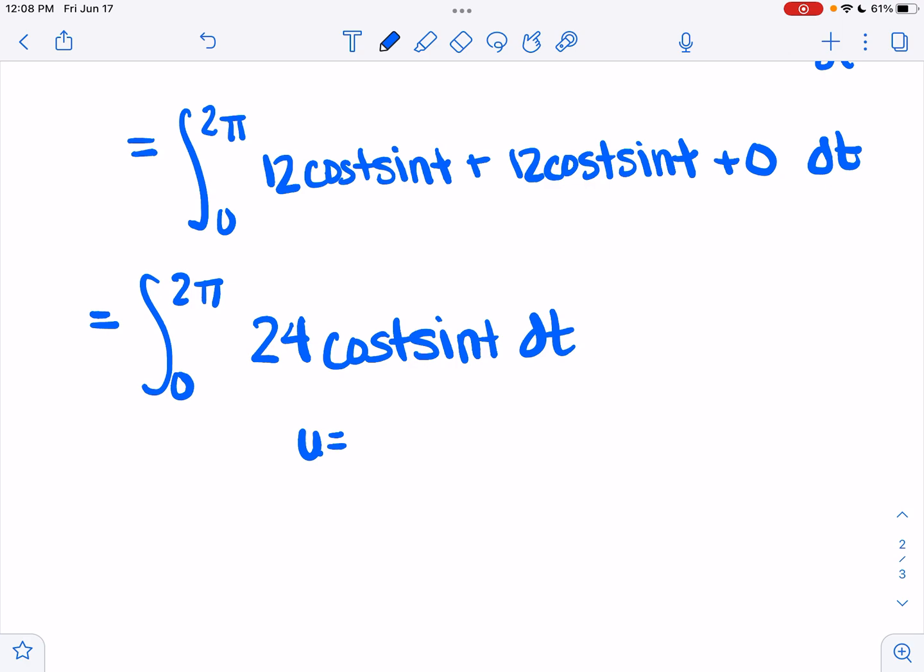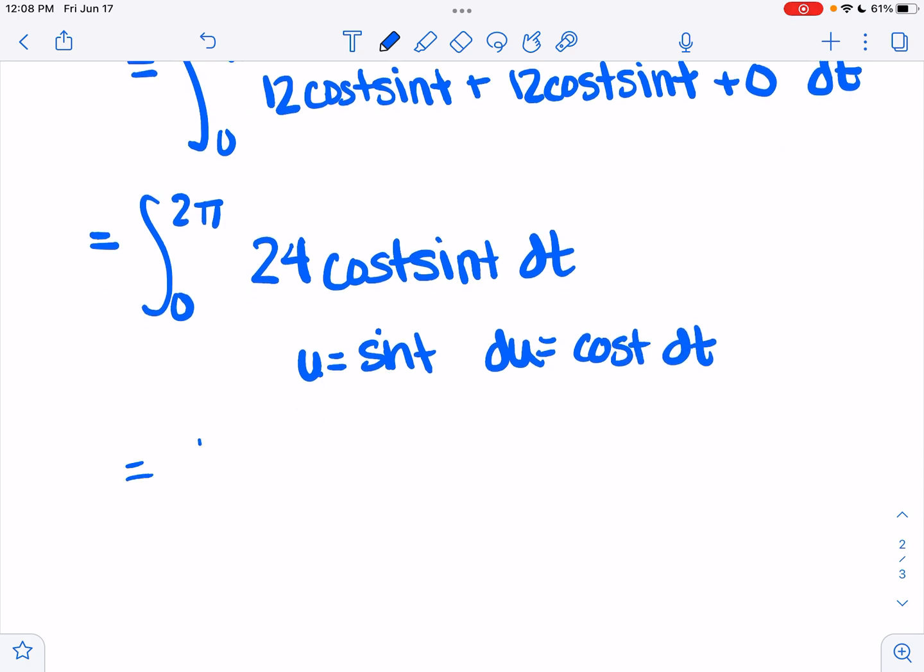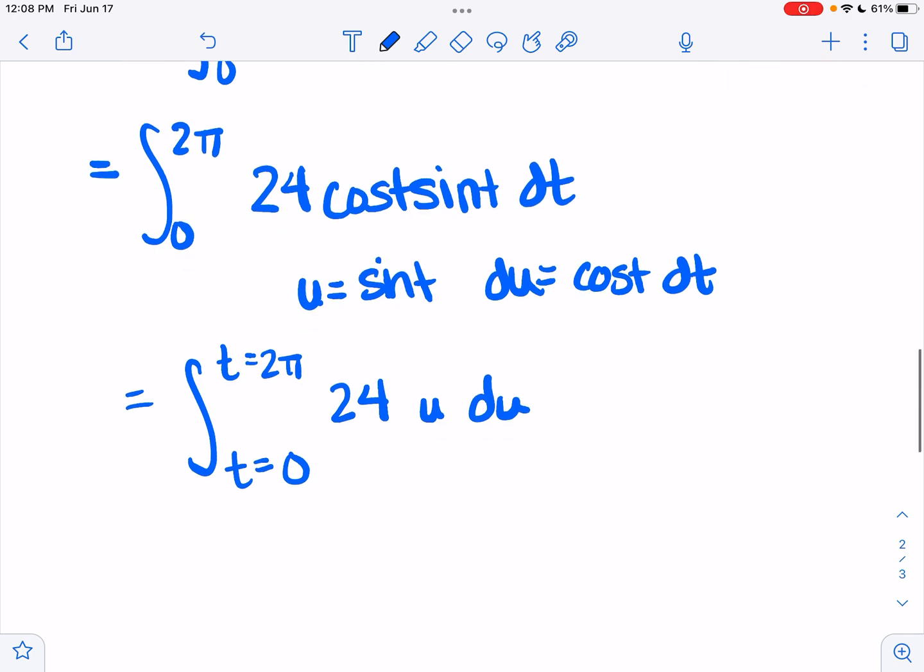We can do this with a u substitution. U equals sine of t, du is cosine t dt. This becomes the integral from t equals 0 to t equals 2 pi of 24 u du. So that's 12u squared over 2.